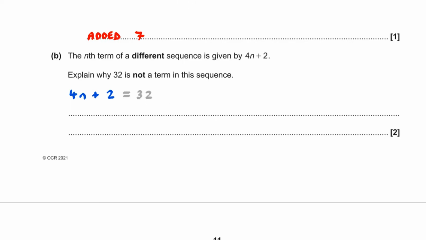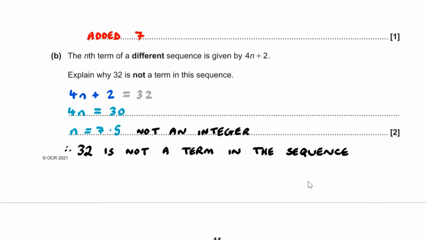And if I subtract 2 from both sides, well then 4n is equal to 30, which means n equals 7.5. And this 7.5 is not an integer, it's not a whole number. And because this is not an integer or not a whole number, then 32 is not a term in the sequence.